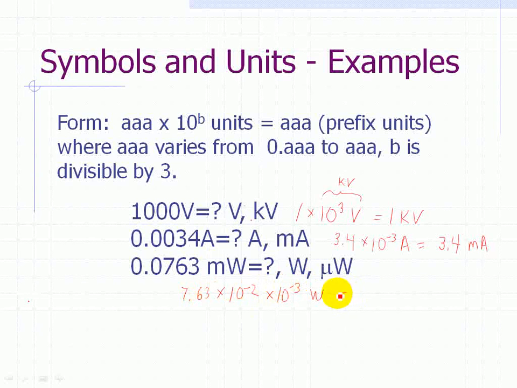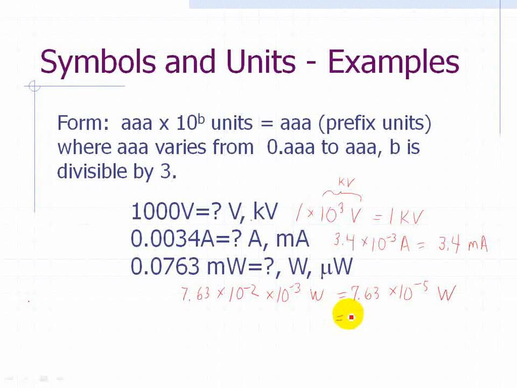Simplifying this expression, we have 7.63 times 10 to the minus 2 times 10 to the minus 3, which is times 10 to the minus 5. So this is 7.63 times 10 to the minus 5 watts.